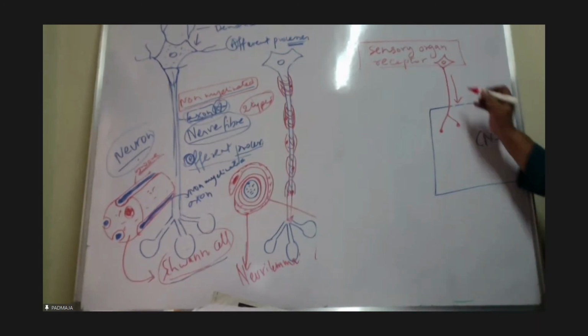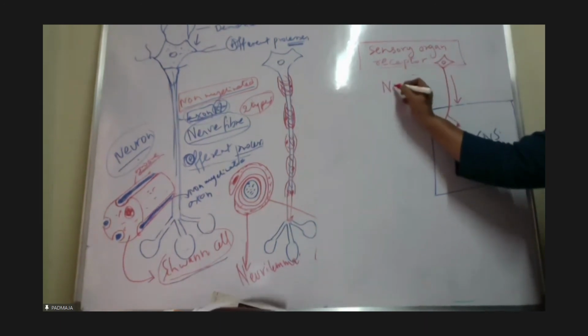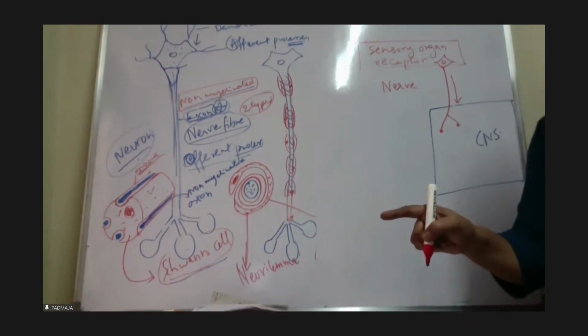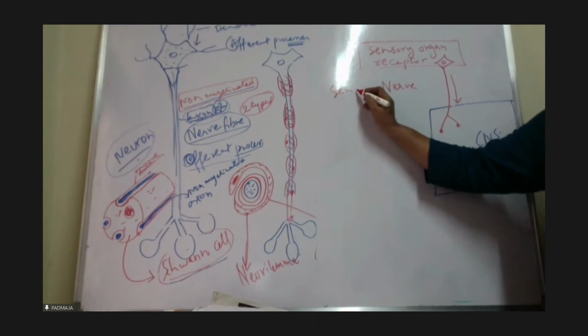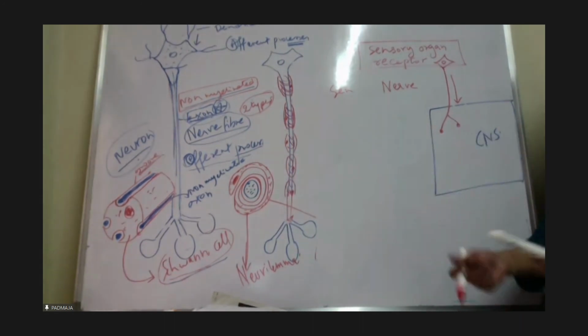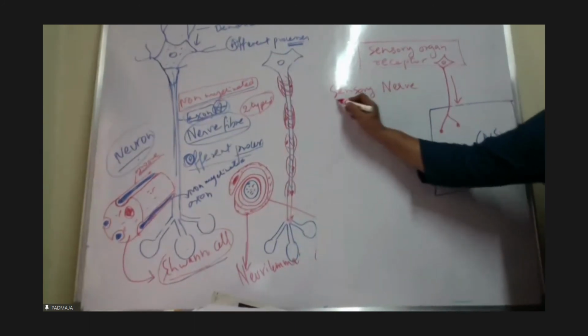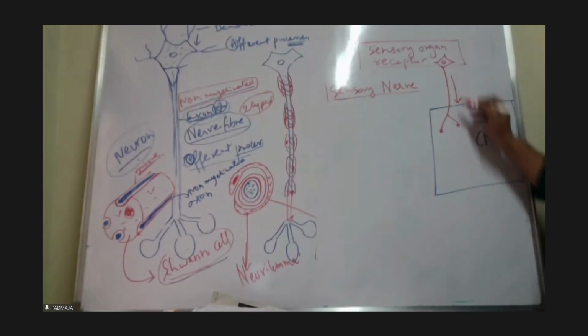So what should this nerve be called? What nerve is it? Sensory nerve. Because it is carrying information to the CNS, it is a sensory nerve, and always it is carrying a message, adding a message.